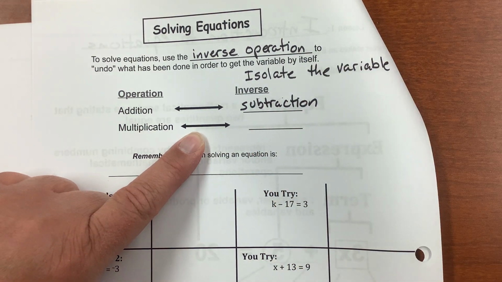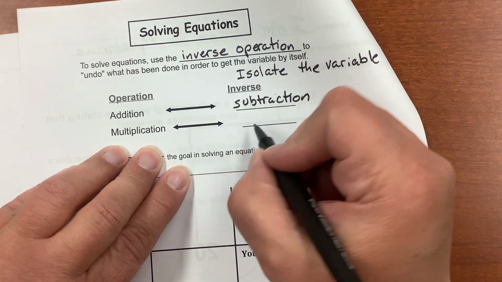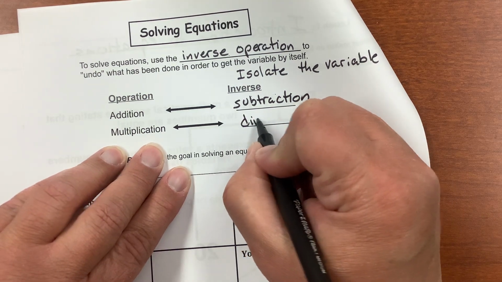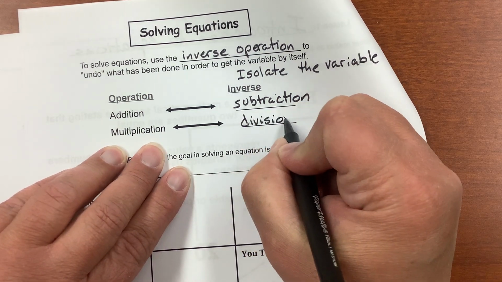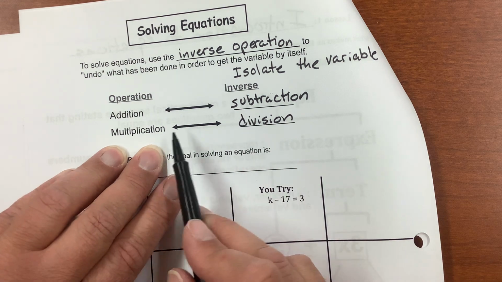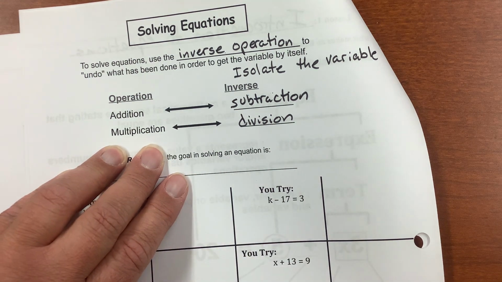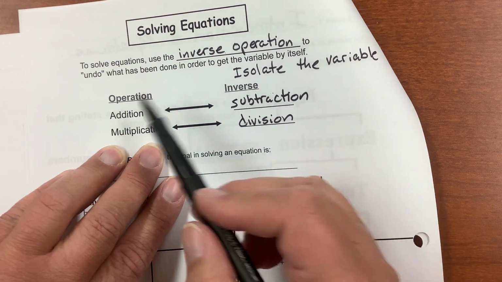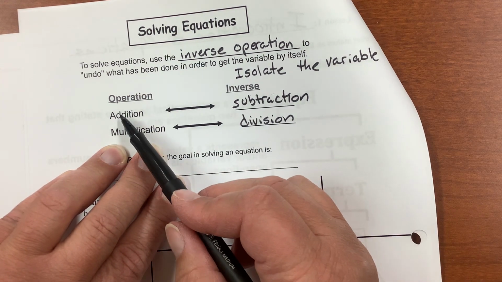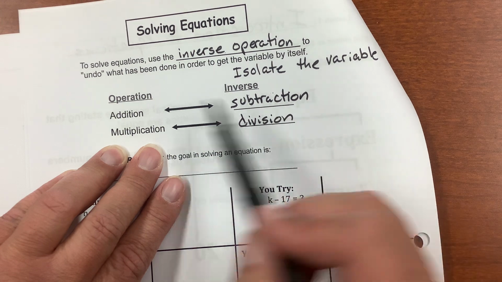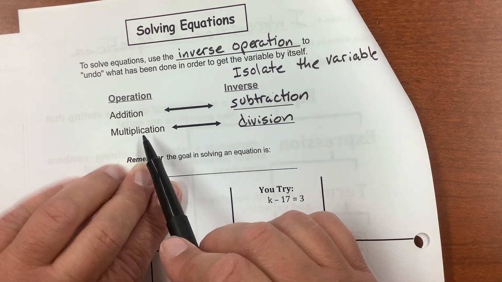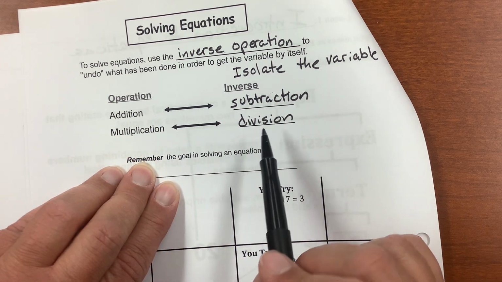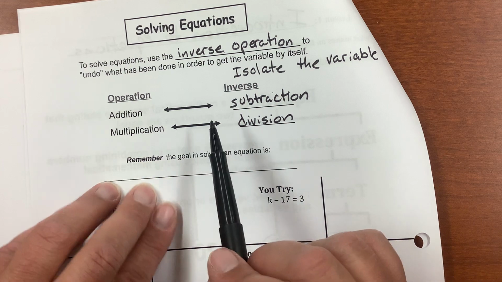And the inverse of multiplication, division. If you look here, you can see I have arrows going in both directions. That means that the inverse of subtraction is addition, and the inverse of addition is subtraction. It goes both ways. The inverse of multiplication is division. The inverse of division is multiplication.